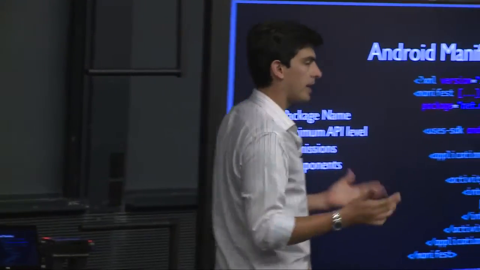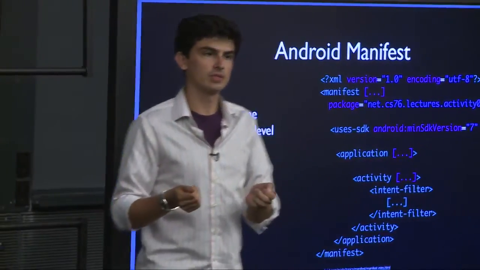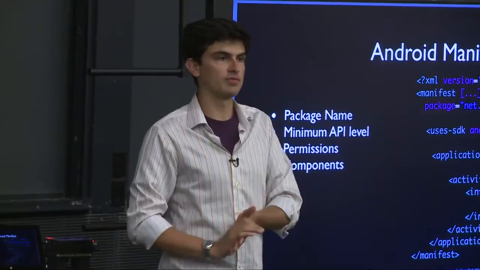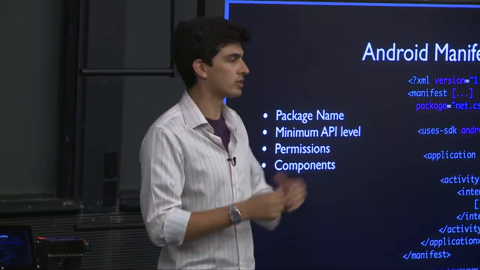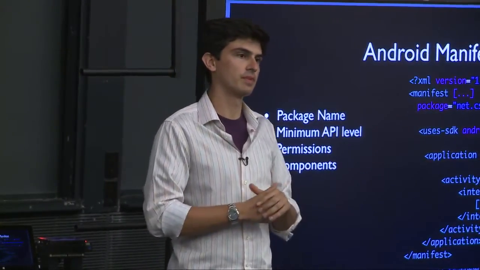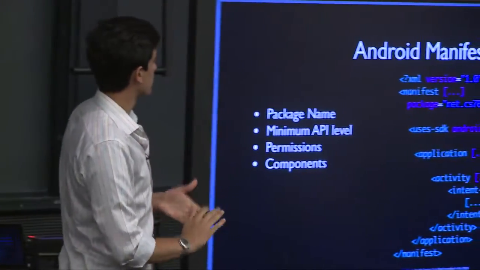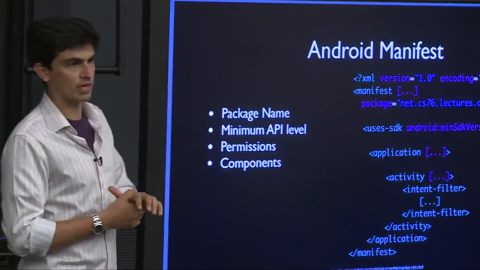It might realize, oh, hey, there are two applications that support this type of data. Which one do you want to use? Do you want to use Chrome or do you want to use Opera? The user can then select one of those two options and load that web page in whatever browser they choose.